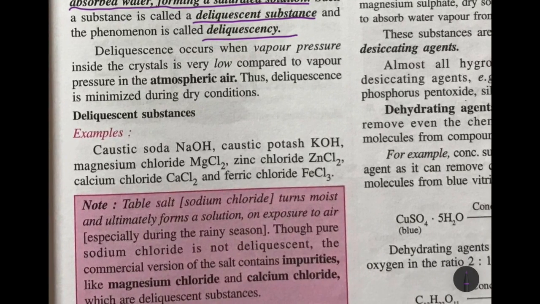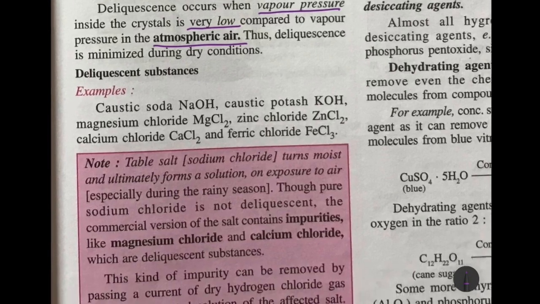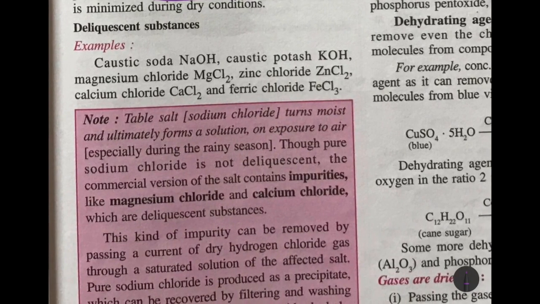So deliquescence occurs when the vapor pressure inside the crystal is very low when you compare it with the vapor pressure of the atmospheric air. So deliquescence becomes less during dry conditions. Now, examples of deliquescent substances. Please add these examples in your assignment as well.